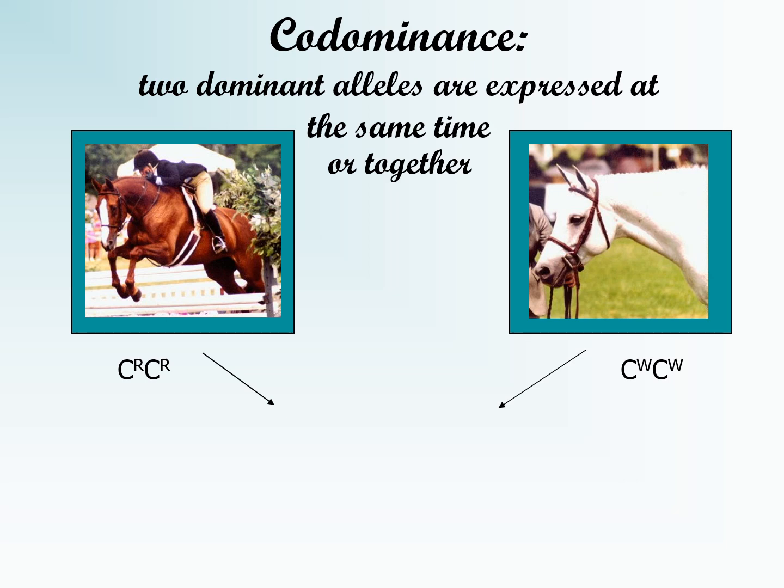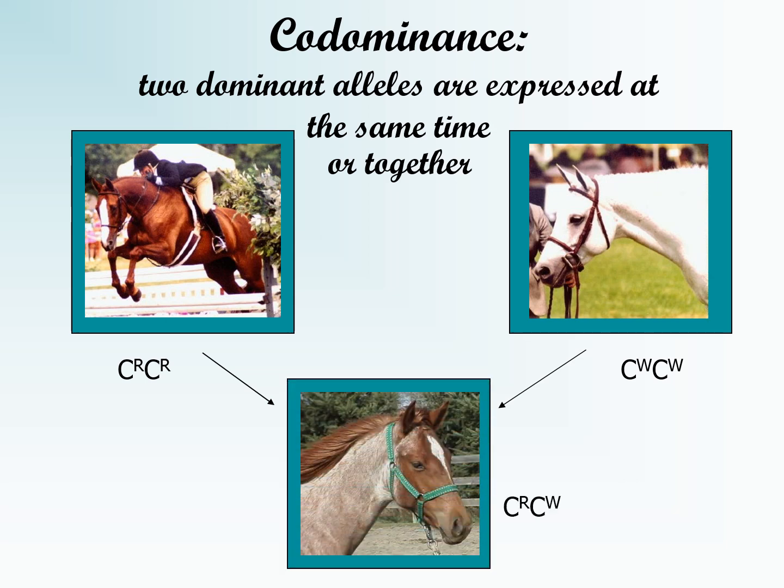Here's another example. If you take a red horse and cross it with a white horse, you're going to end up with an offspring horse that has both red and white hairs together. Something I want to explain about this: I could write the alleles for the red horse as two big R's, and the alleles for the white horse as two big W's.